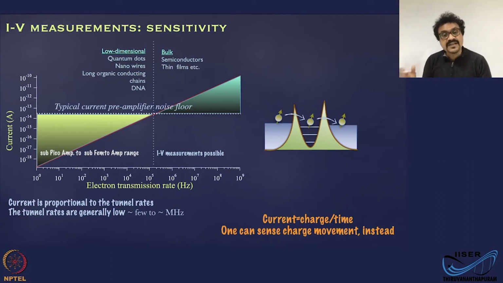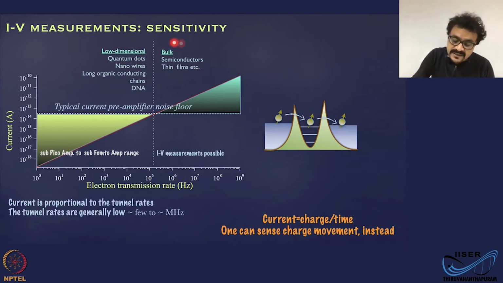If the transfer rate of electrons through the system is in this regime, then current measurement is not an option to characterize the device. For example, many low-dimensional systems such as nanowires, quantum dots, long organic conducting polymers, DNA, many of these fall in this regime where electrical transport measurement using conventional IV characterization is almost impossible.